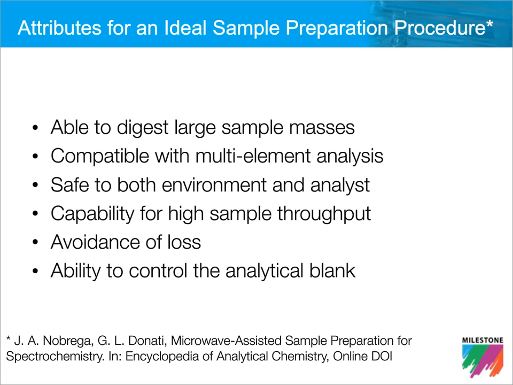Of course, our sample prep technique must be compatible with multi-element analysis and being extremely safe. For those labs that need it, high throughput is important, and obviously data quality is the most important. So we need to make sure that we retain all of our elements of interest while minimizing the analytical blank.